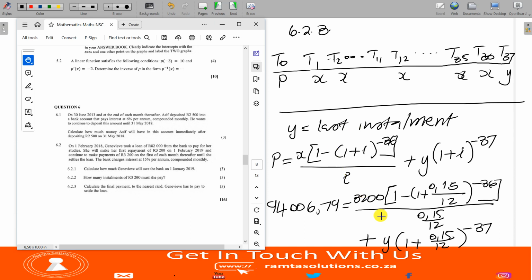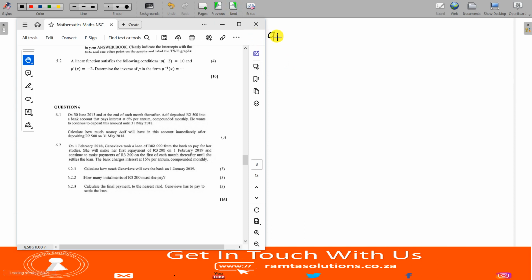This is 92,311.2556. Remember, in the middle of a calculation, do not round off your answers. So it is 92,311.2556 plus Y into (1 plus 0.15 over 12) to the power negative 37.